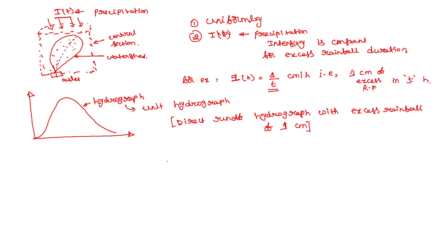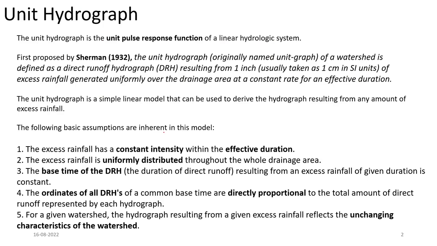This excess rainfall will result in the hydrograph. If this excess rainfall is 1 centimeter, that direct runoff hydrograph can be called a unit hydrograph. I hope I am clear.